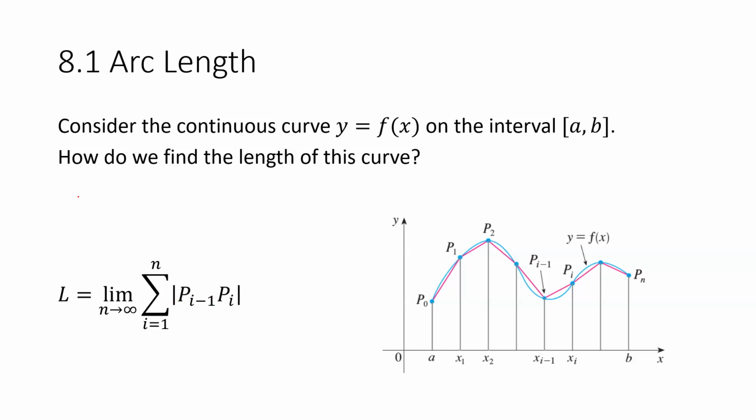lengths. So what is this notation? P_{i-1} P_i in absolute values. This is just the length of the segment connecting P_{i-1} to P_i.